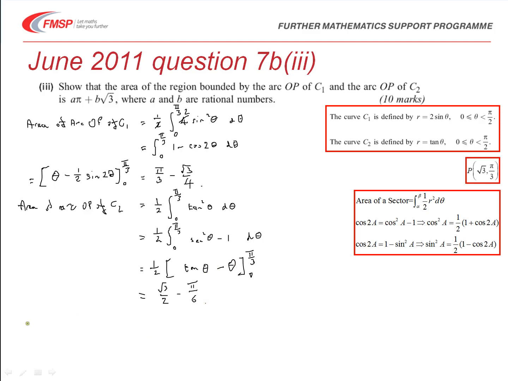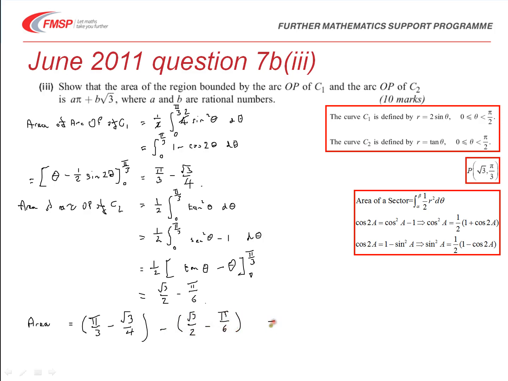So the required area is going to be the difference in those two. And we know from the earlier work that C1 is going to be a bigger area than C2. So we can now do pi by 3 minus root 3 over 4 minus root 3 over 2 minus pi by 6.